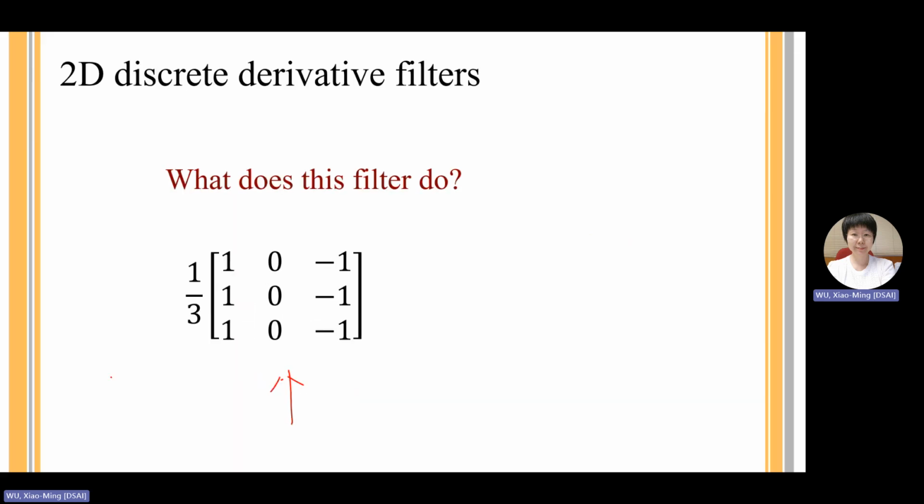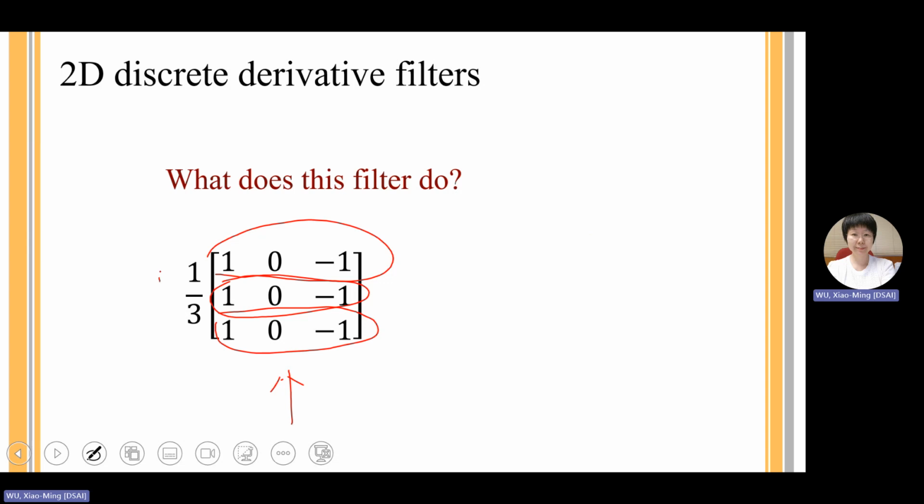So each row of this filter is a central filter. And there's a normalizing factor, 1/3. This is a normalizing factor because we have 3 rows of central filter.